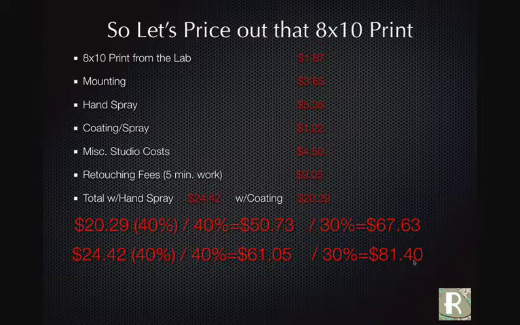Now you know why we have to charge X amount of dollars for an 8x10. It all depends on how much you're paying for the product and what you're putting into the final product to get it to its final stage. So your cost of goods really matters in the end result, along with how much time you're spending on any particular product.